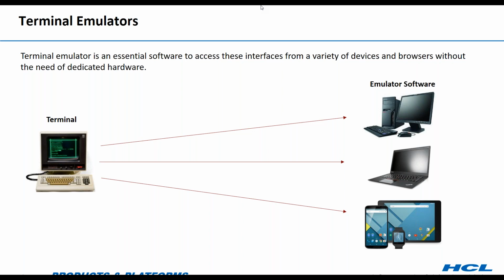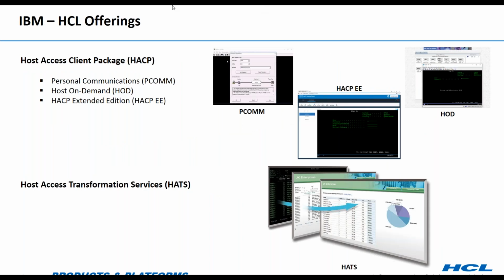IBM and HCL offerings. All these products are from IBM, and as part of our 15 years partnership with IBM, HCL got the development and support responsibilities of these products, and in HCL we develop these products and maintain them.